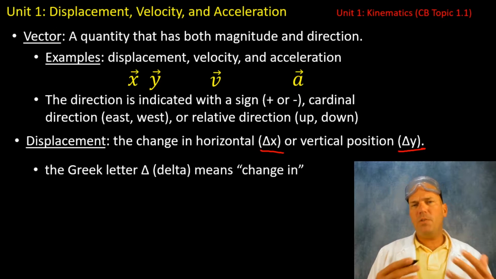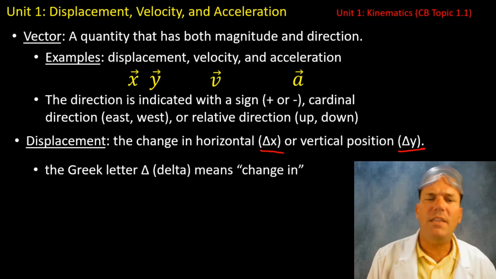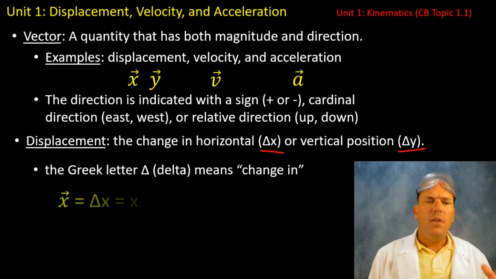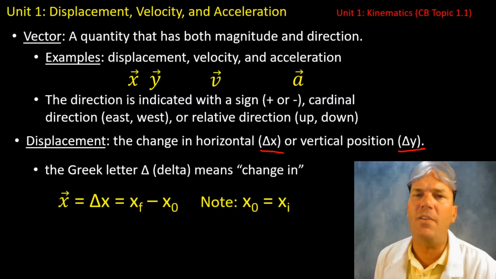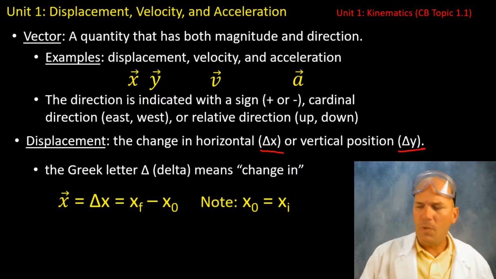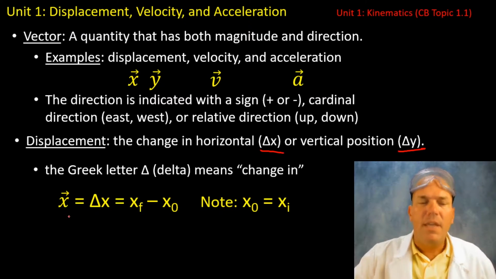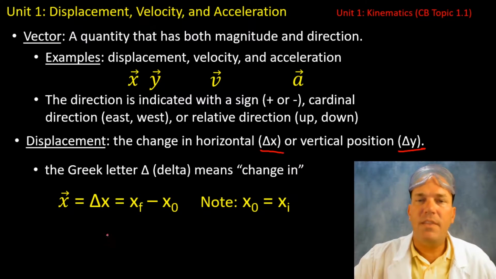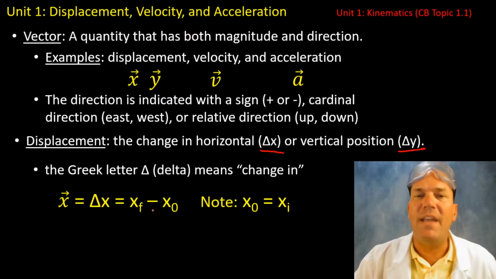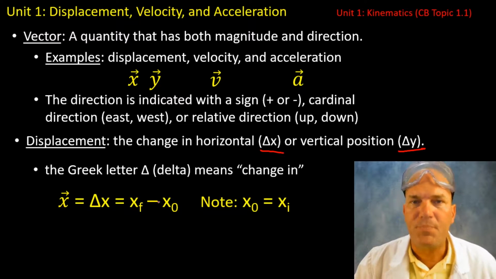And recall from your studies of chemistry, when we're calculating change in, we will take the final values and subtract the initial values. So we have here that the displacement is equal to the change in position, and the change in position is equal to the final position minus the initial position.